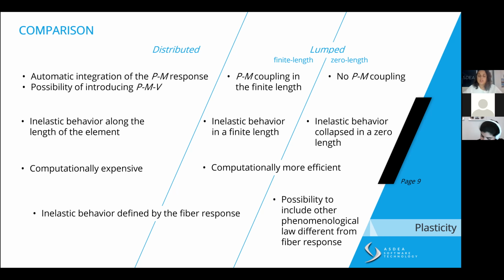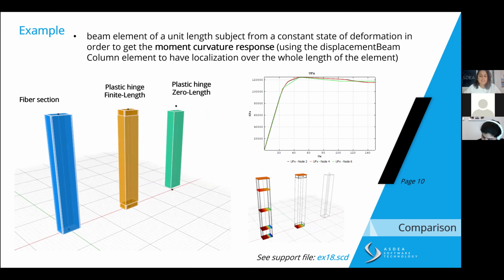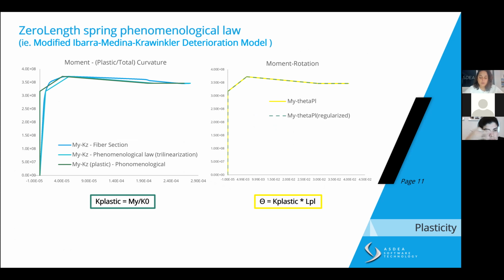So we have an example that was already discussed by Massimo in another course. I did not invent anything, I just took back his material, and you can also find this in a much longer webinar on the website. What they did to compare these three approaches was to create a column subject to axial loading and fixed at the base.